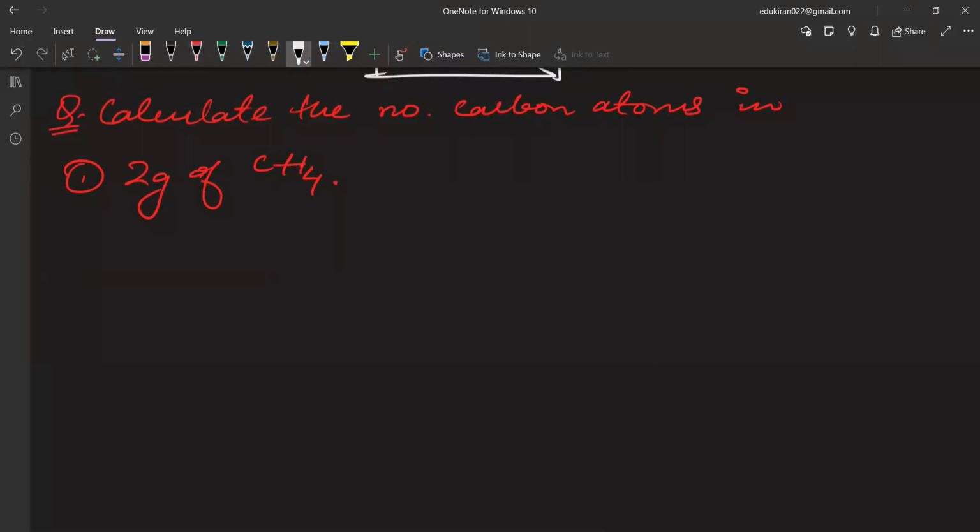So mass is given. So first of all, from mass you will calculate the moles, and then from moles you will calculate the number. Once you get the moles, you calculate the number.